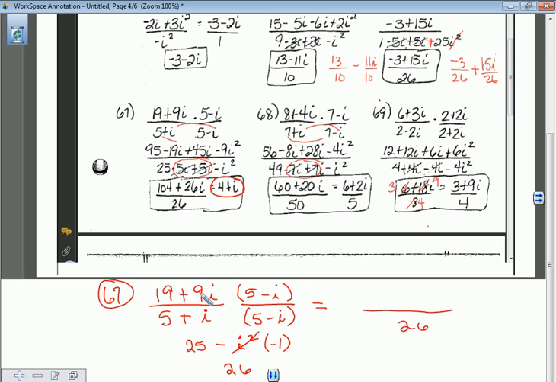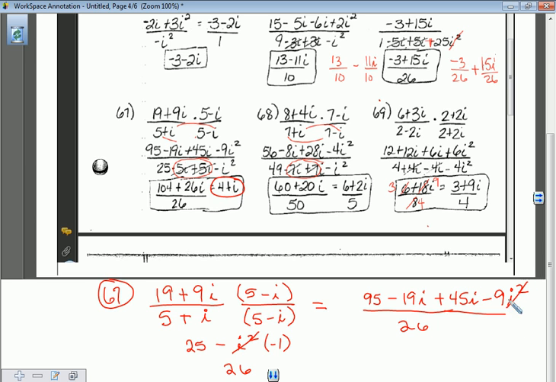Okay, numerator, 19 times 5, that should give us 95. 19 times negative i is negative 19i. 9i times 5 is positive 45i. And 9i times negative i is negative 9i squared.